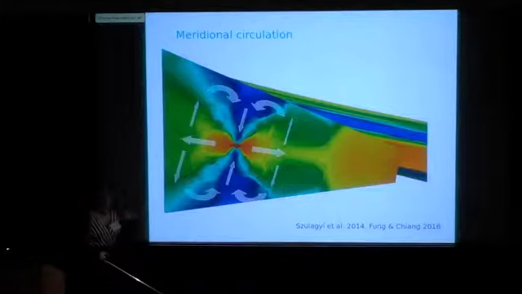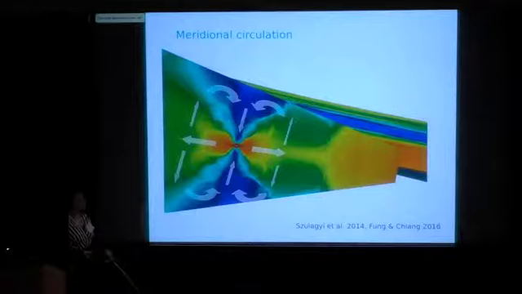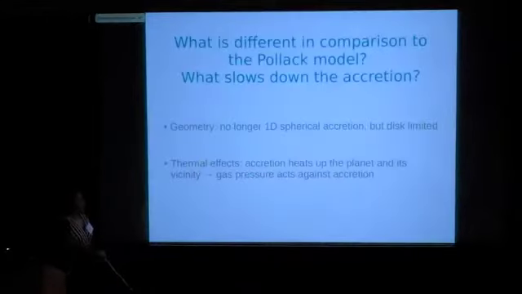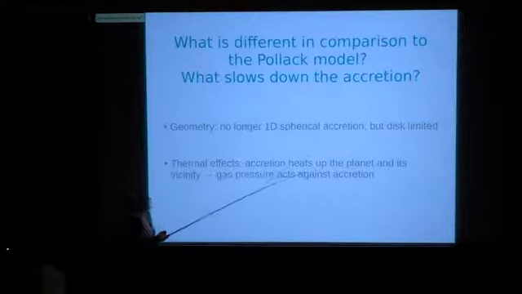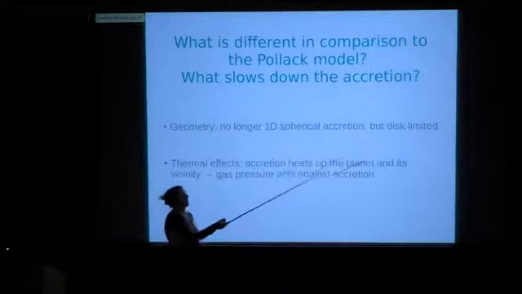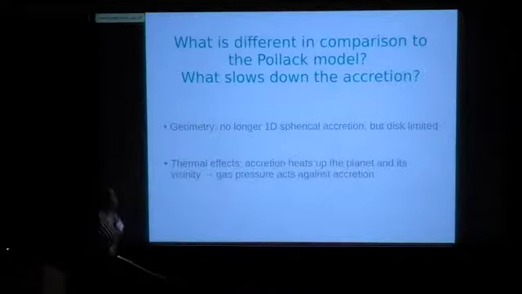As you see, this is really a 3D mechanism. So in a 1D model, we could not account for such a complex accretion in the runaway phase. This is one of the reasons why we are different in comparison to the Pollack model, and this is one of the reasons that slows down the accretion. Now we have a disk-limited accretion instead of a spherical envelope accretion.